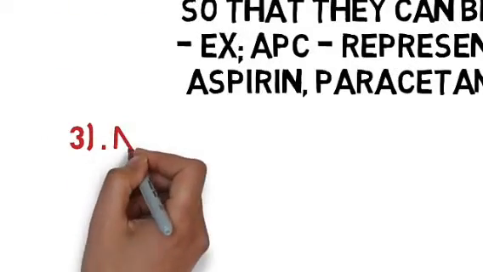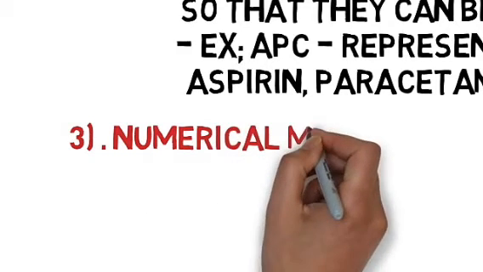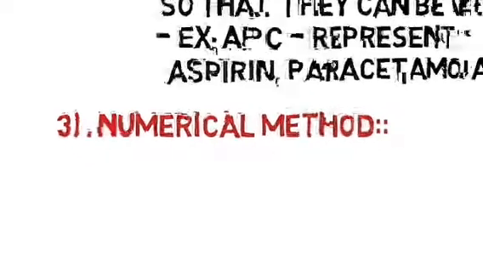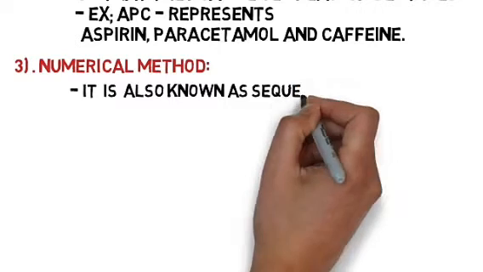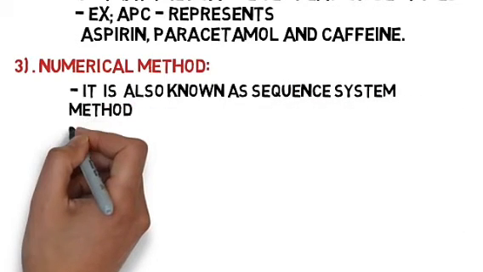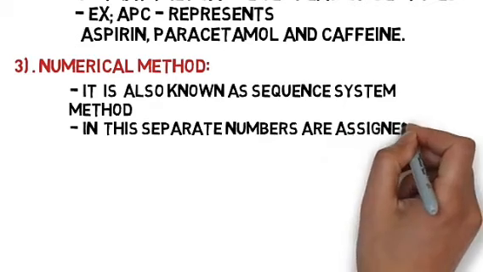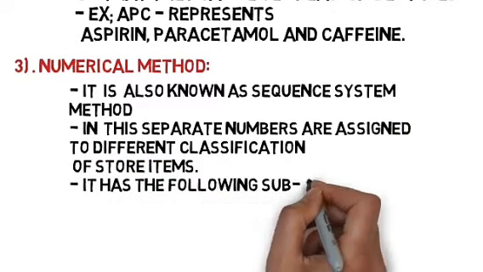We will see the third important method, the numerical method. It is also known as sequence system method. In this, separate numbers are assigned to different classifications of store items. It has the following subsystems.